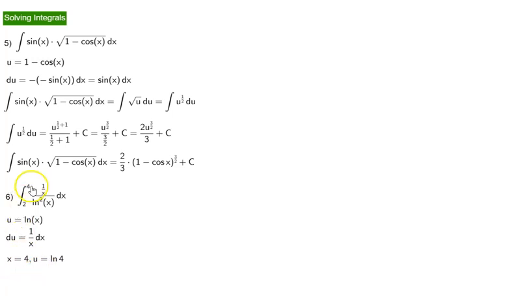So if x equal to 4, u is equal to natural log of 4. And if x equal to 2, then u is equal to natural log of 2. Our original integral becomes integral of du by u square from natural log of 2 to natural log of 4.